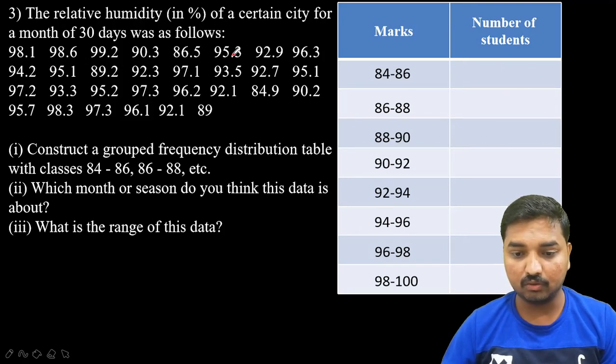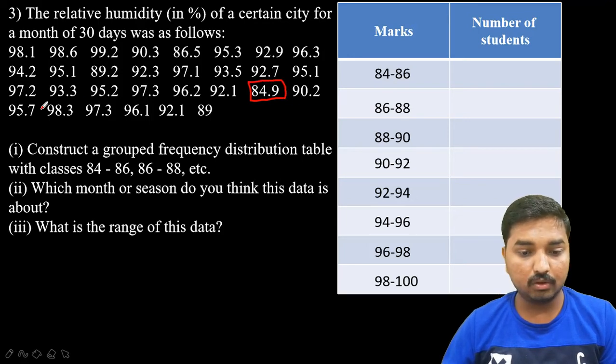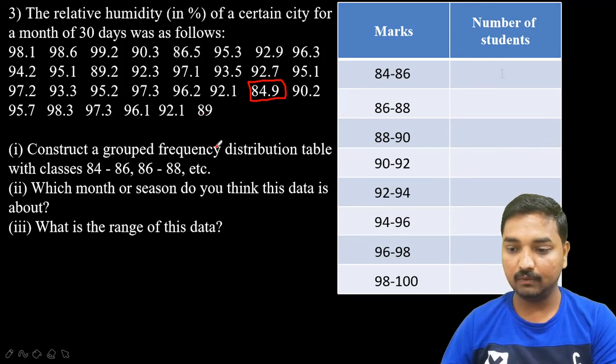No, it will not fall in the class interval, and here it is 90 something overall. 89, no. 97, 90, 90 something overall. 84.9, so definitely this will fall. And then 90, it will not appear. And here 89, no. So I think only one data will fall in this class interval, only one.